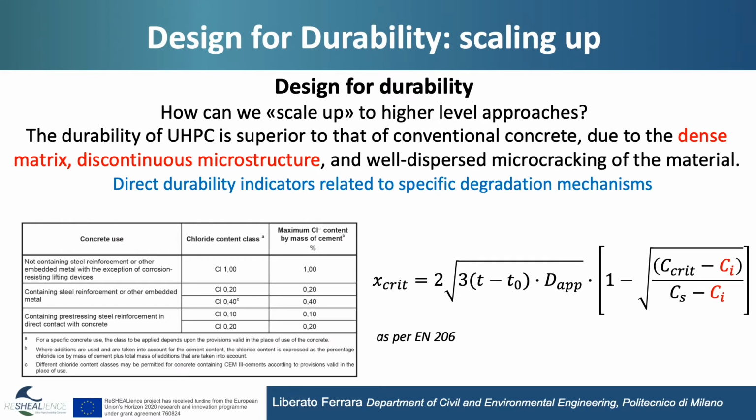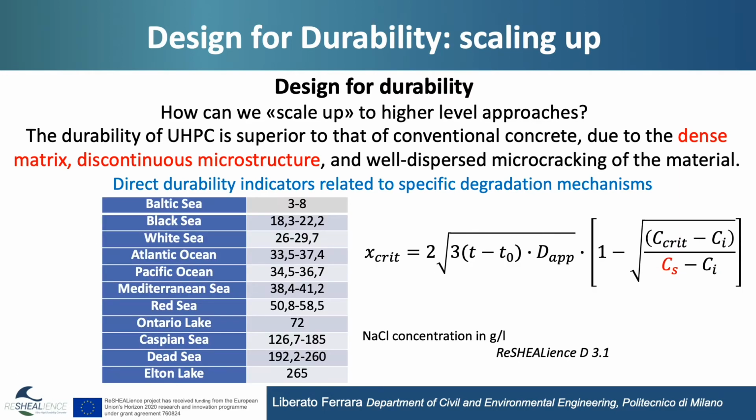Also, we have to consider the concentration of the chlorides at the surface of the structure, depending on what kind of environment it is exposed to. You can see listed in the table the level of chlorides in grams per liter of different seas and lakes.